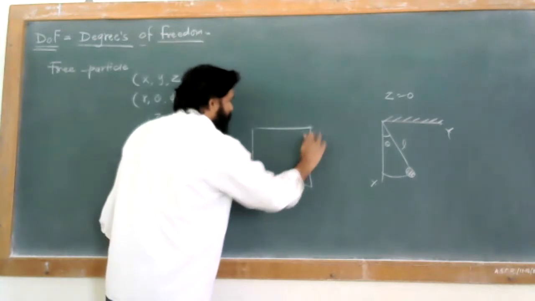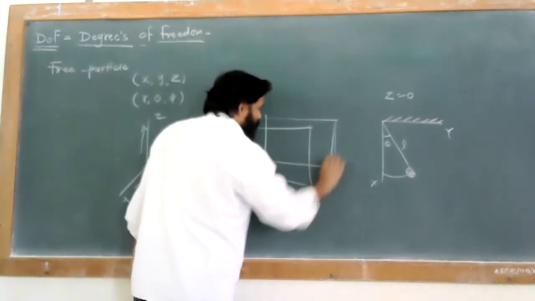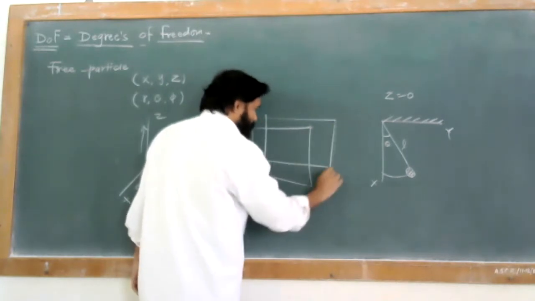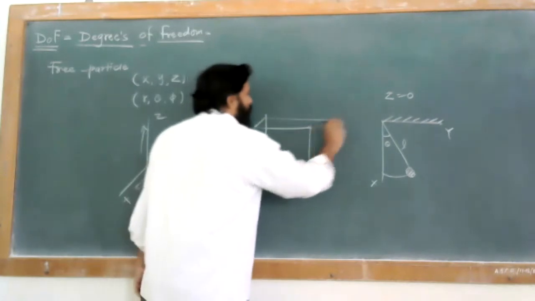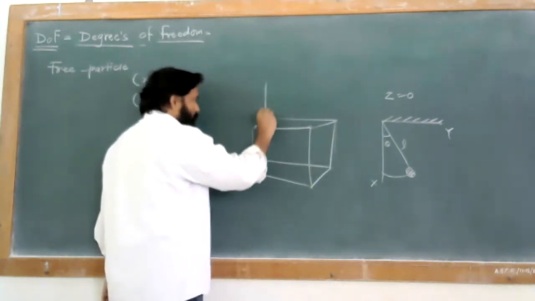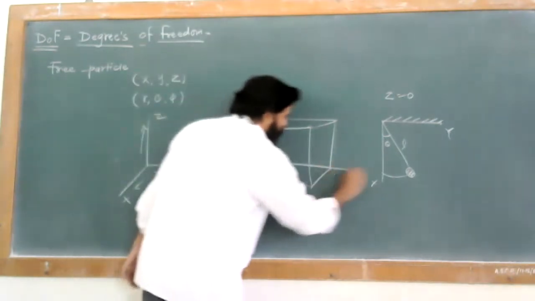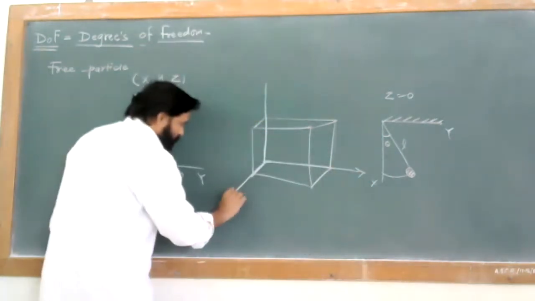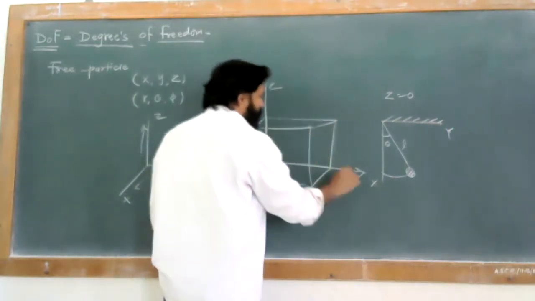If I have a sphere, not a sphere, a cube. Now just look at this point. I have three axes: this is x, this is y, and this is z.